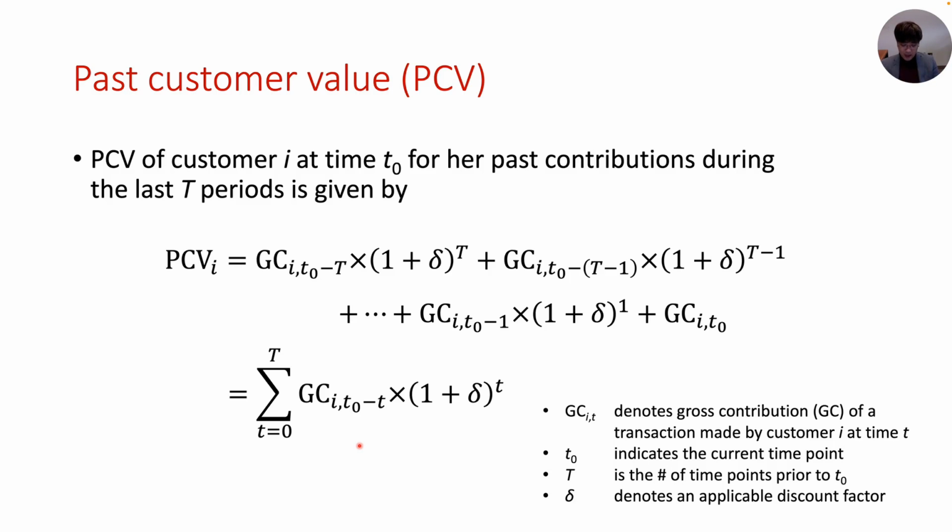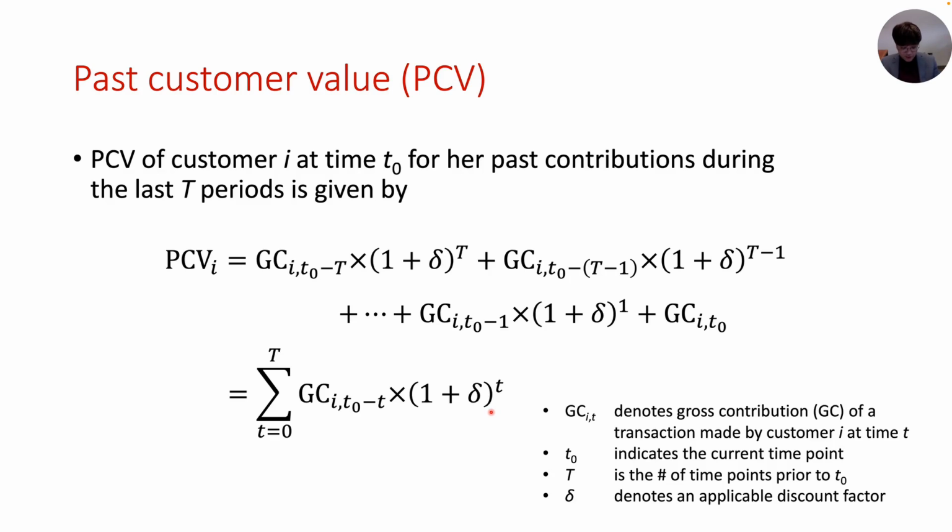Let me point out two components in this equation, GC and delta. GC is gross contribution, which denotes realized profit from a customer, and delta denotes the discount factor.